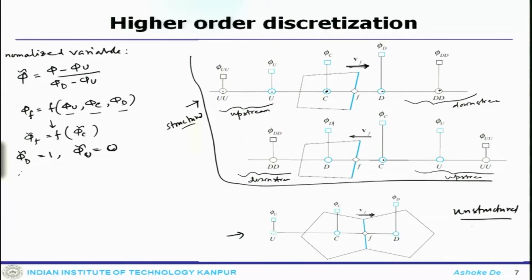Now, if the value of phi c tilde lies between 0 and 1, what happens?